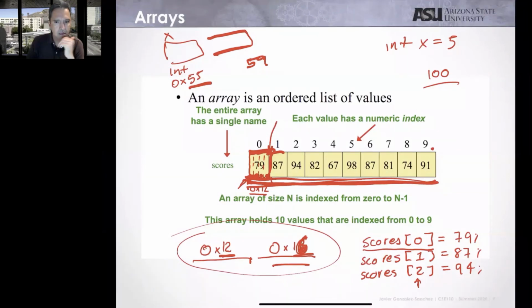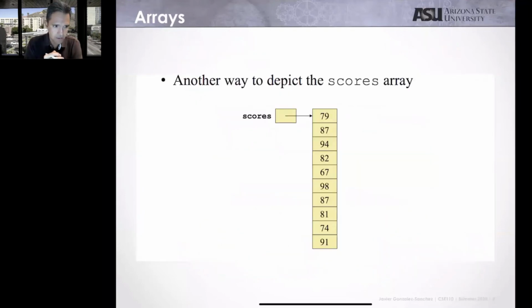Now, usually for our purposes, the only thing that you need to remember is the name of the array is the name for all the elements. The name of the array is not one of these guys. Usually in some books, in some web pages or whatever, you're going to have a representation of the arrays like this, like a horizontal line. However, you can also do this. The drawing does not really represent something in your computer.